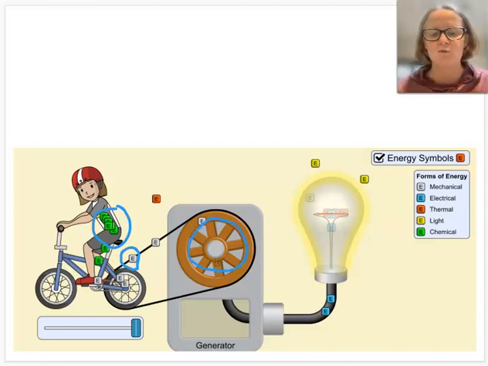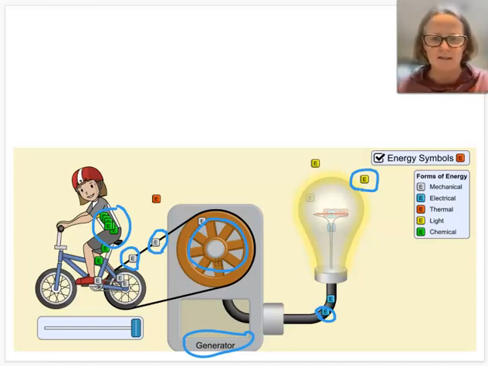And as that goes around, it spins a magnet inside this generator, and you can see that the kinetic energy, the grey E's, are being transformed into electrical energy, which is then powering this light bulb, and it's giving off light energy, the yellow E's.